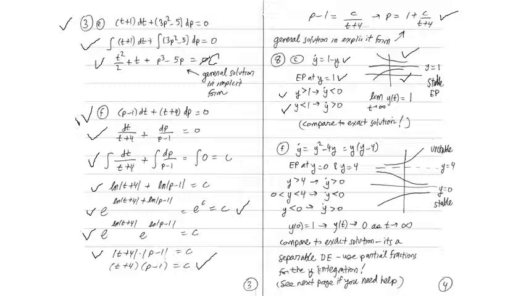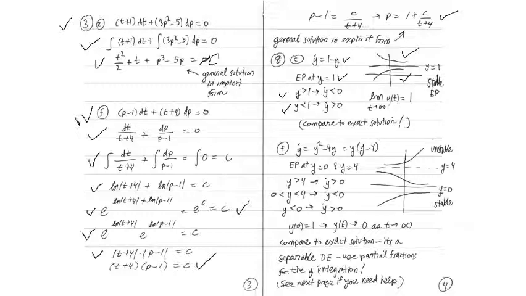So we call that a stable equilibrium point. And you should try and find the exact solution yourself of that separable differential equation and make sure that the exact solution agrees with what we just concluded based on the equilibrium and stability.